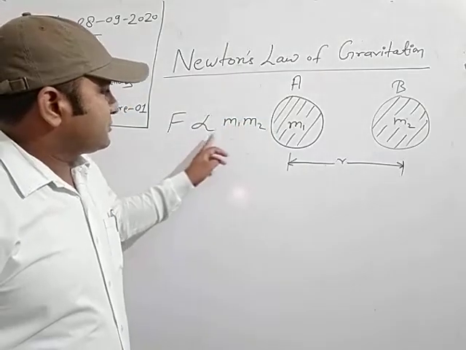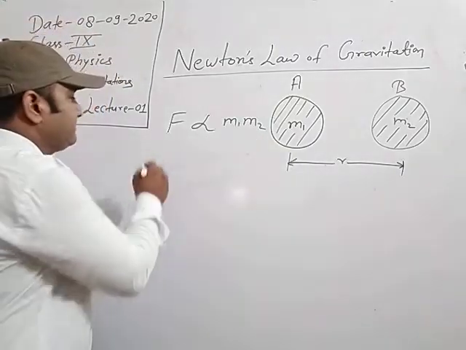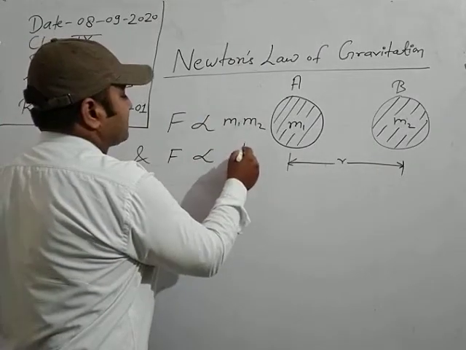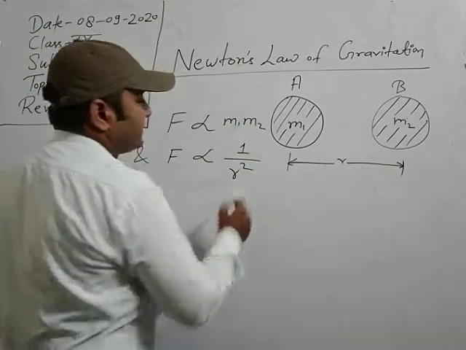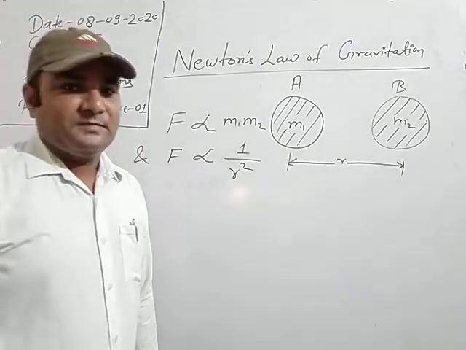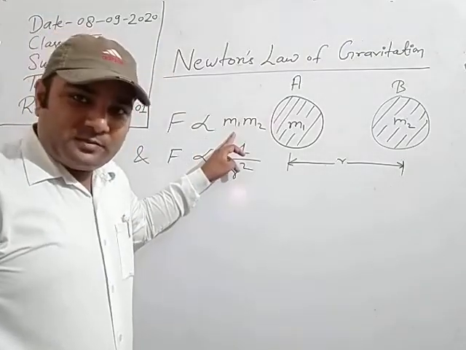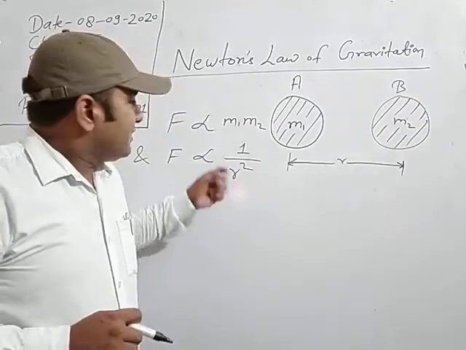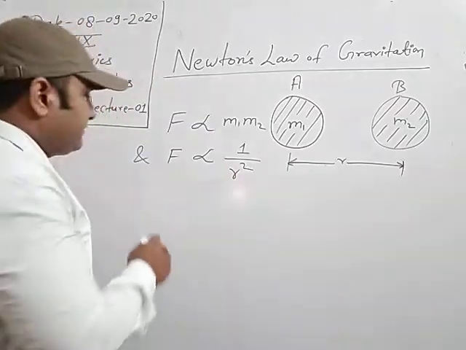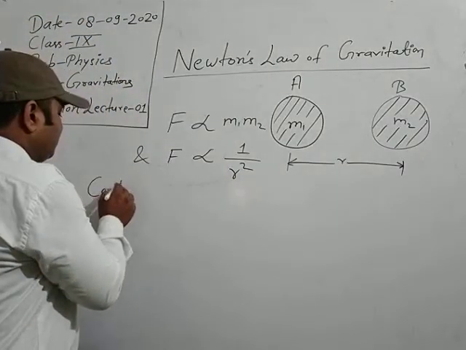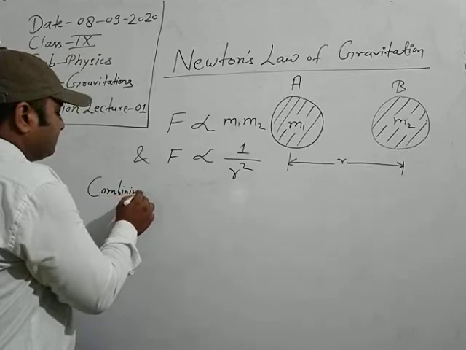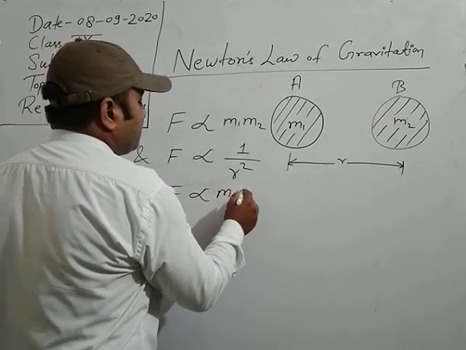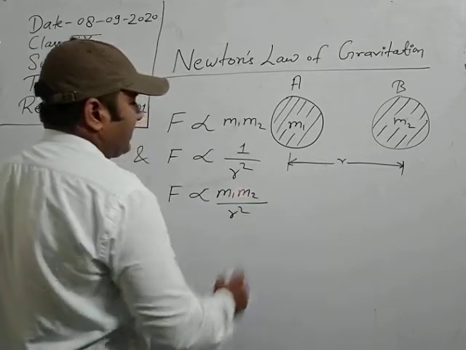It means F is proportional to m1 m2, and this force is also inversely proportional to the square of the distance between them. When we combine these two concepts, after combining, F is proportional to m1 m2 upon r square.